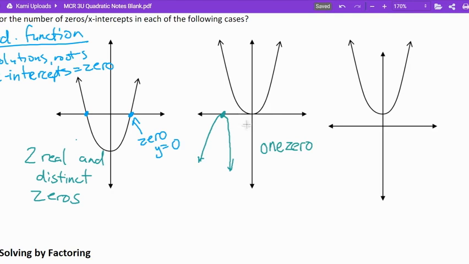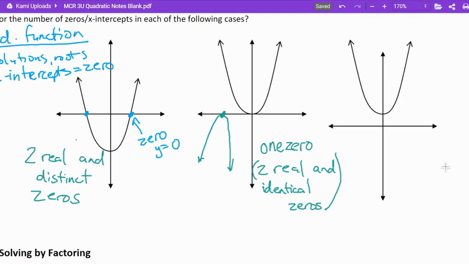However, there are still two solutions because it's x squared. So in fact, we say two real and identical zeros. So again, 0 just means x-intercept.